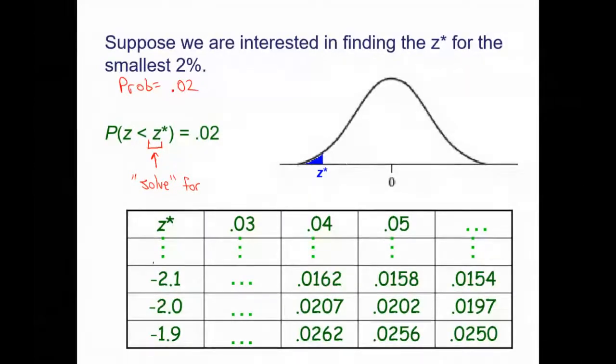Here's the way you do that. Usually we start by looking on the outside of the table, and then we work in. Now let's do the opposite. We want to look in the middle of the table and then go out. So which one of our values in the table is the closest to 0.02? 0.0202. That's our closest value.